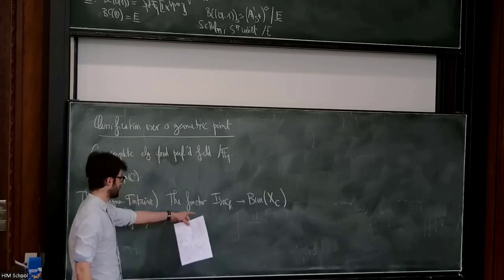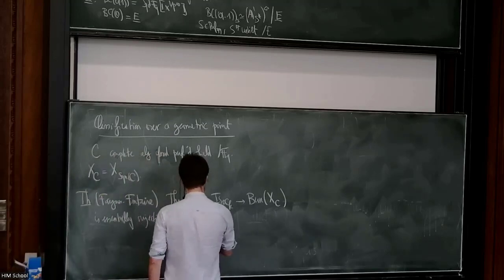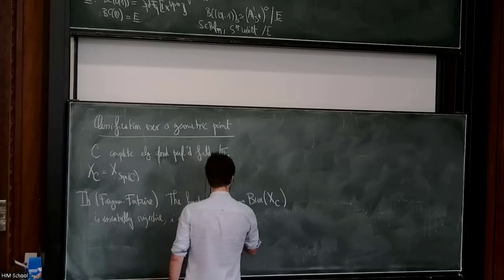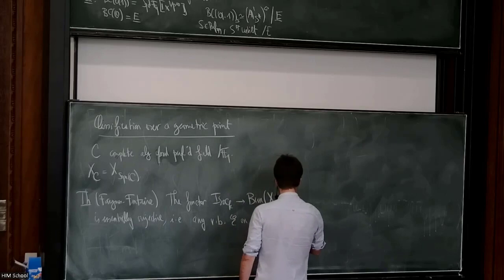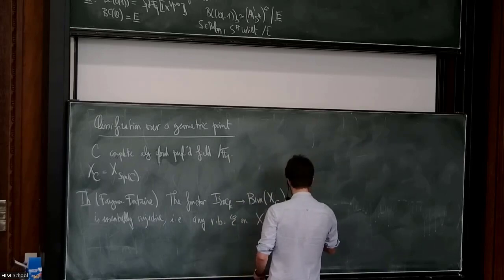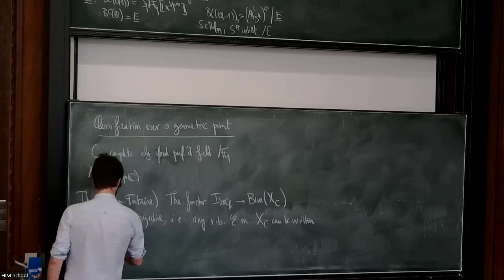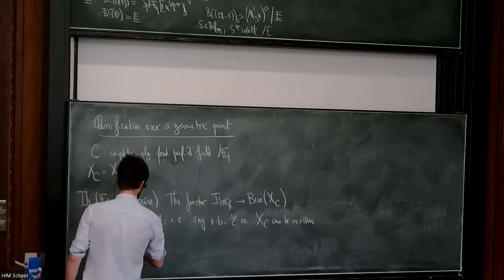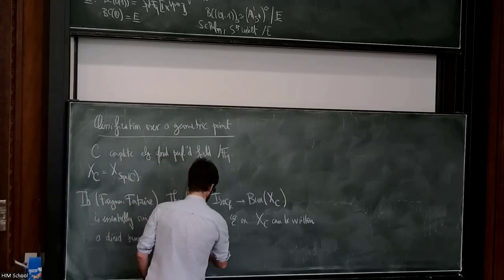Which, because we know what this category looks like, we can rephrase by saying that any vector bundle E on X_C can be written as a finite direct sum of O(λ)'s with λ in Q.